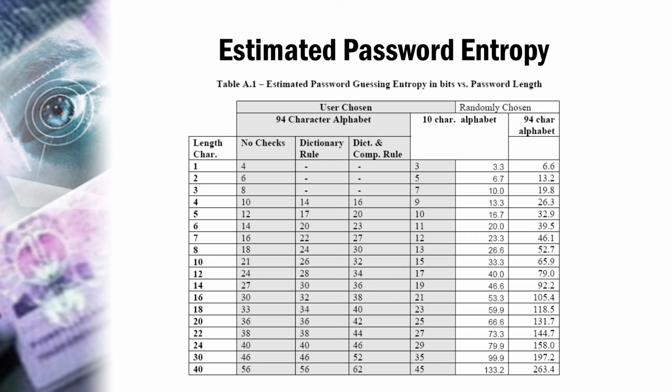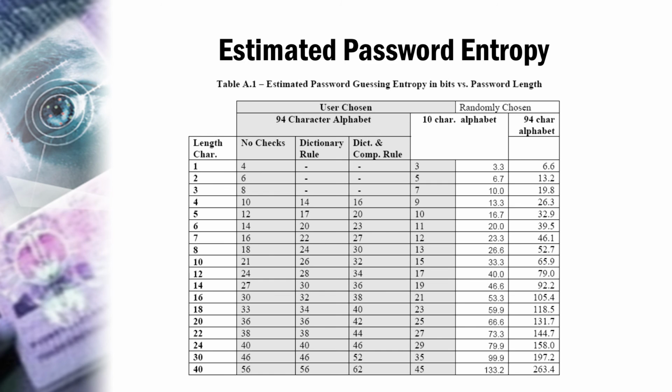The logic or assumptions to calculate entropy in Table A.1 are as follows. Number 1, passwords are subject to dictionary tests. Number 2, composition rules: lowercase letters, uppercase letters, and non-alphabetic symbols. Number 3, 94 characters from the keyboard. Number 4, the entropy of the first character is 4 bits.